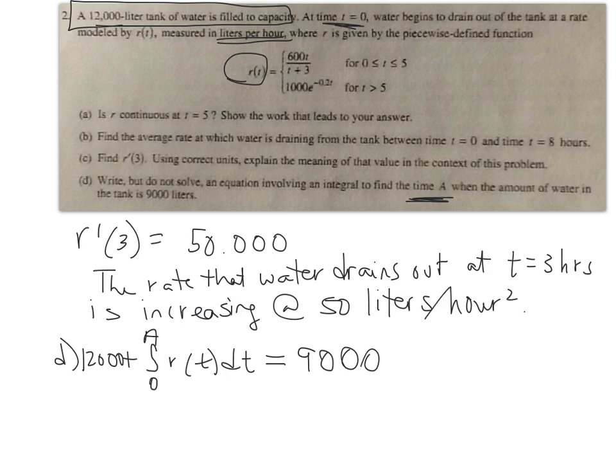That would include the limits and the integrand. And 1 point for the equation, which would need to have all of this. It could be anything algebraically equivalent to this equation. So say, for example, if you isolated the integral by subtracting 1,200 from both sides, that would also be acceptable. Anything algebraically equivalent is accepted, but this is probably most likely the way you would leave it.